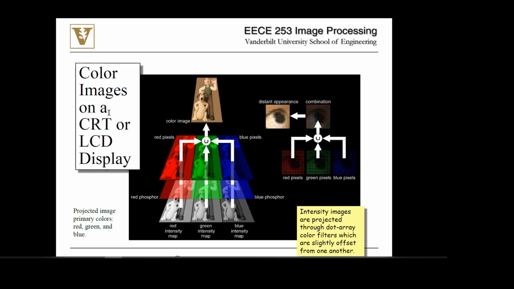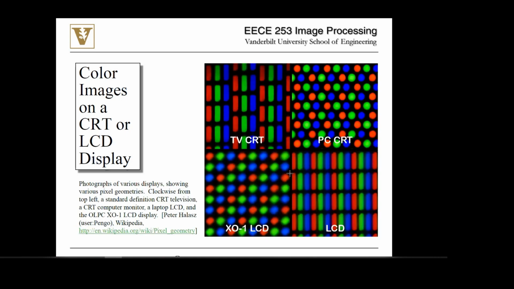This technology was a CRT, a cathode ray tube; there are also liquid crystal displays. There are several technologies, and they are all more or less going in the same direction. They have just three types of devices that can each emit a single wavelength. What you are controlling is the intensity of that emission. And then you can be very creative in how you organize these layers in space.